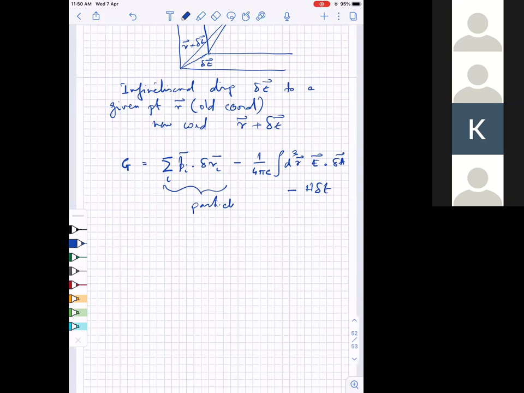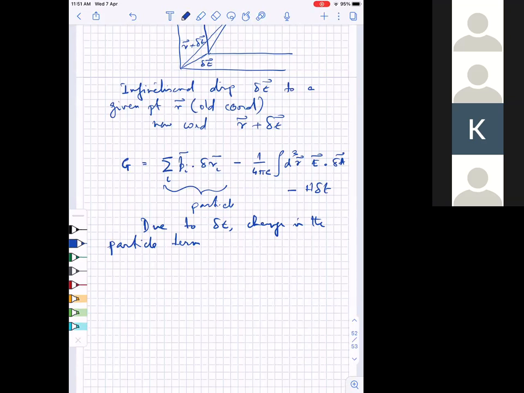The change due to delta epsilon in the particle part is basically just, delta R_i becomes delta R_i plus delta epsilon, and then you subtract out delta R_i, so it's basically just delta epsilon.